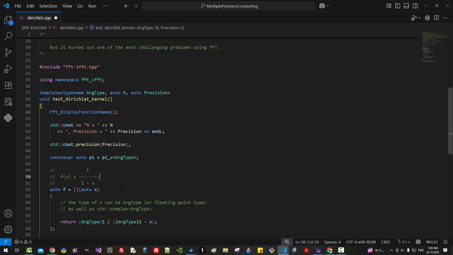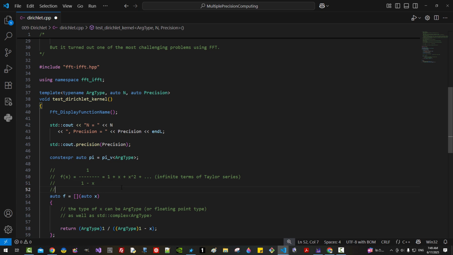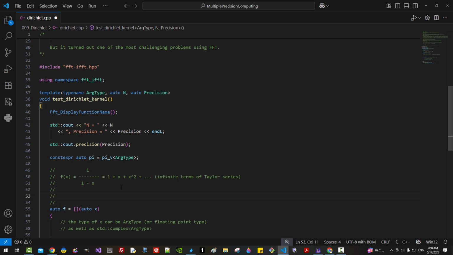This function defines fx equals 1/1 minus x. We want to extract coefficients of the Taylor series, infinite terms of the Taylor series. There are two different ways. xk equals e to the I 2 pi k over n. In this case, we used factor 1/2. This is the simplest method.